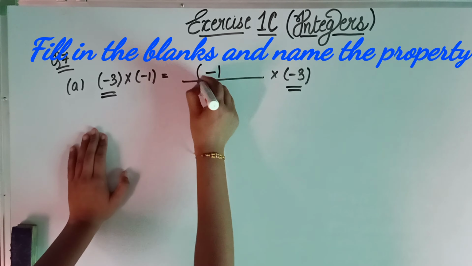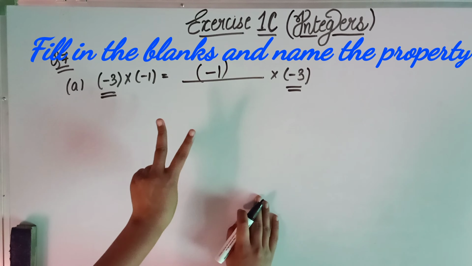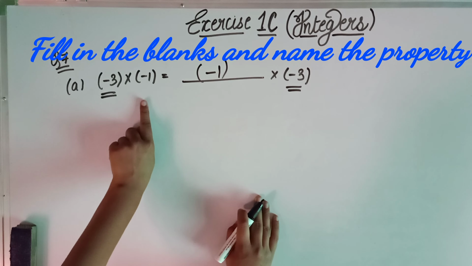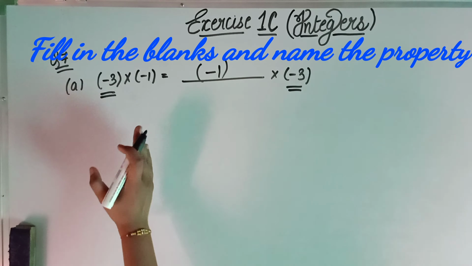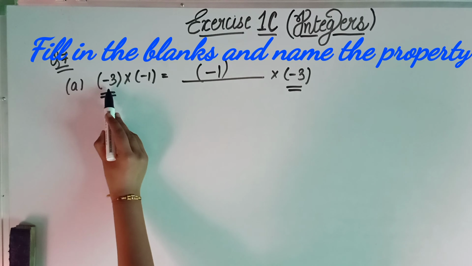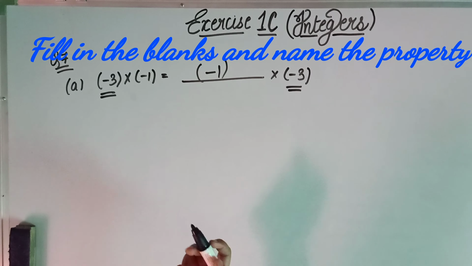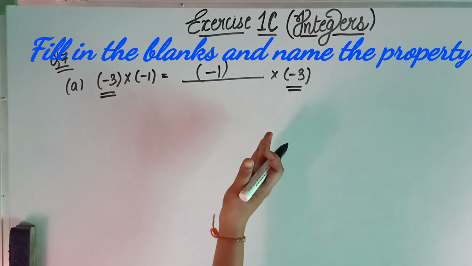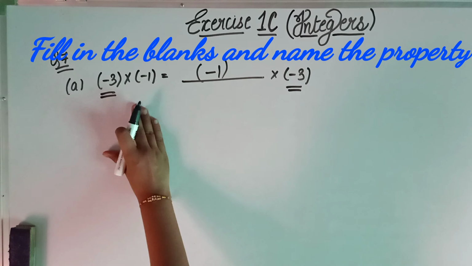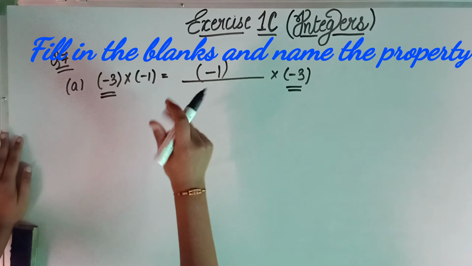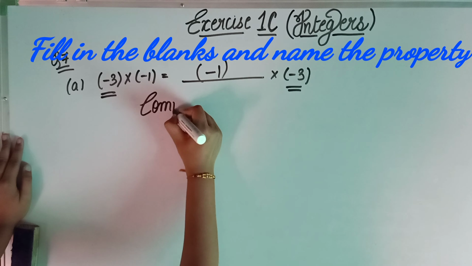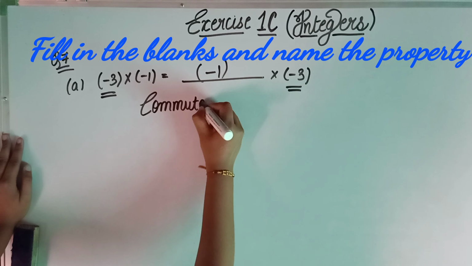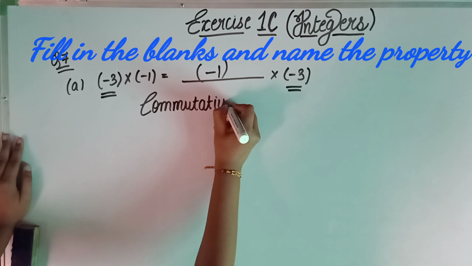Whenever we have two numbers in the LHS and in the RHS, and the order of the numbers is changed, like -3 came first here and later there, then the numbers remain the same on both sides, and the property applied is the commutative property. So here I am going to write commutative property.